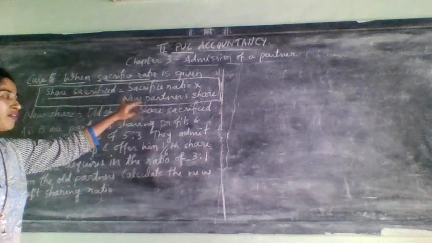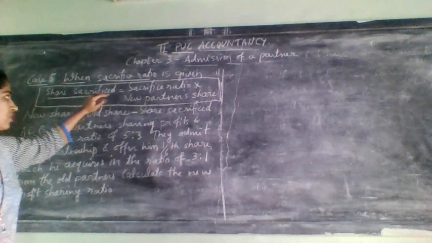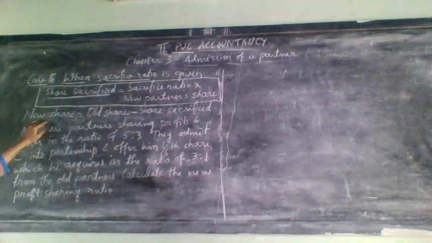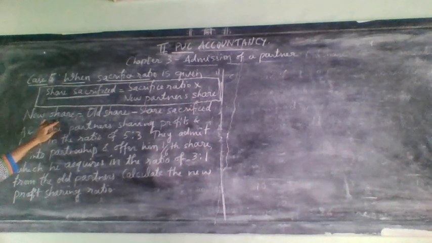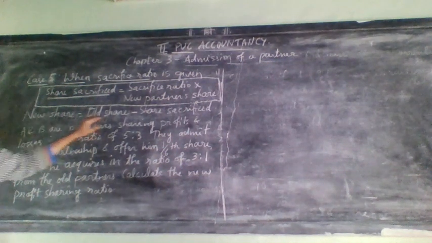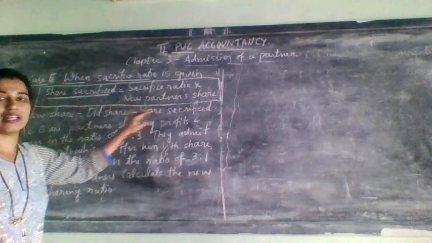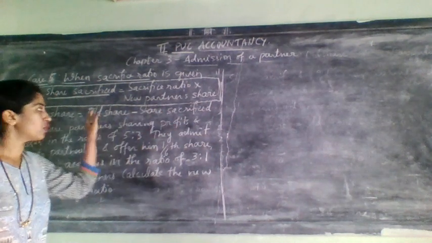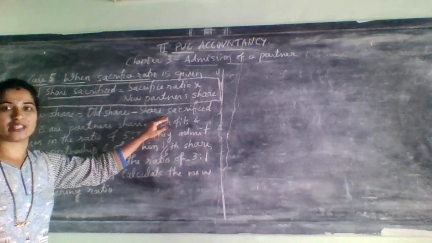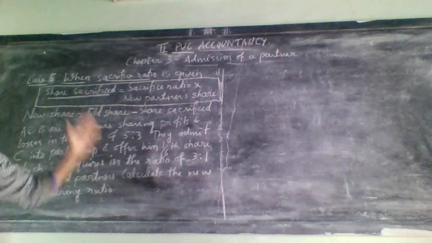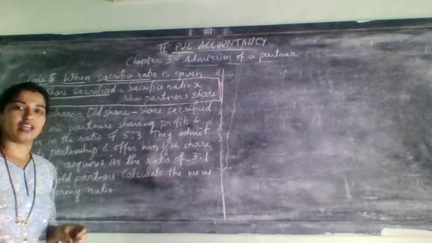After getting the share sacrificed, next is the regular formula to find the new share, that is, new share is equal to old share minus share sacrificed. This way, you find the new profit sharing ratio.